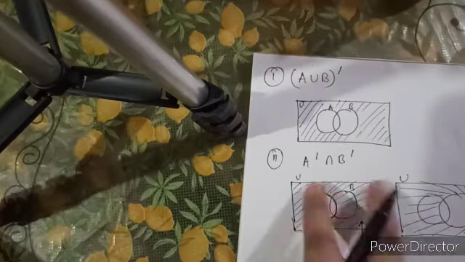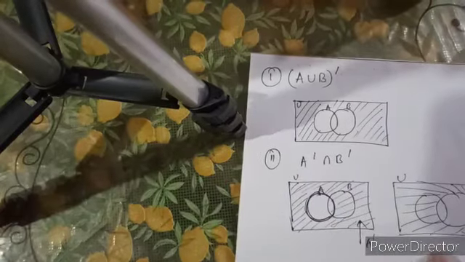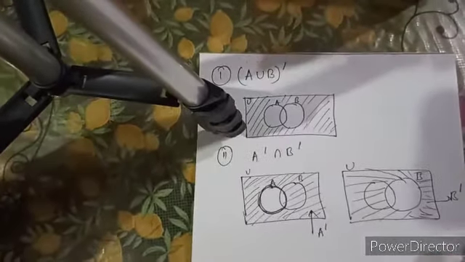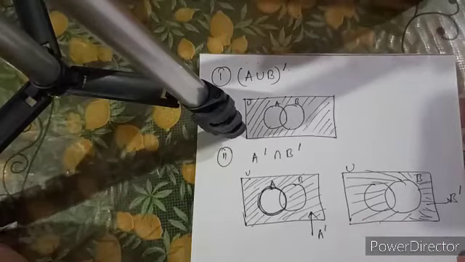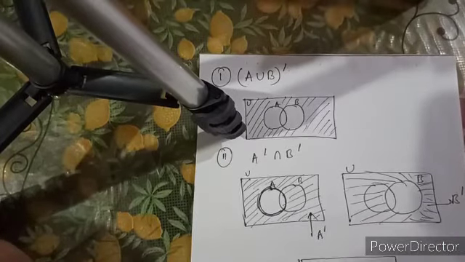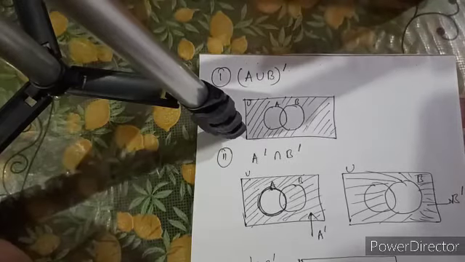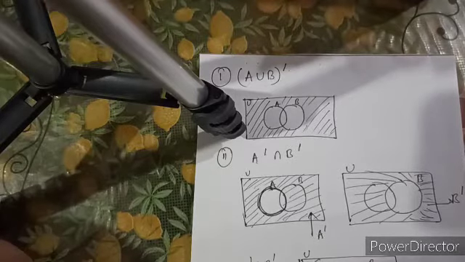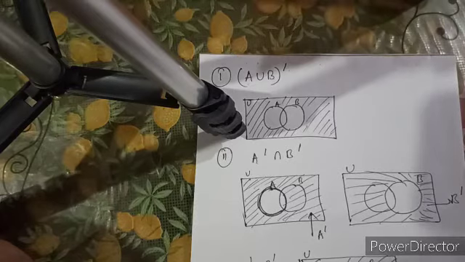Now you have to check the intersection between these two areas, what is common between them. If you combine A dash intersection B dash, the common area between them will be this part, isn't it?